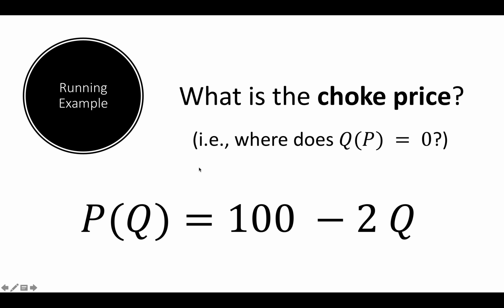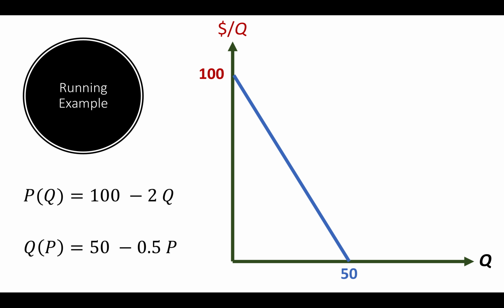So this is the inverse demand function from the previous slide. And what's the choke price? Well, I can just plug in Q equal to 0 here, and that'll kill this term, and my choke price is going to be just equal to 100. So $100 per unit is my choke price for this good. If I want to plot both of those things, here I've got my inverse demand curve, which is our standard way we plot demand curves.